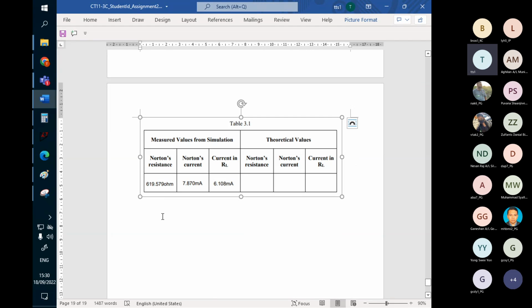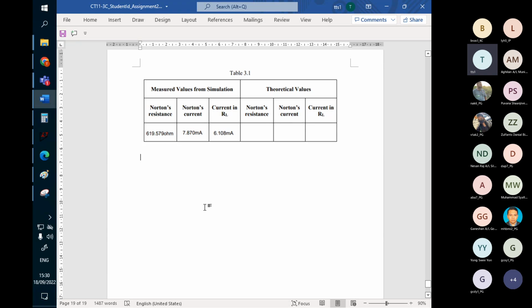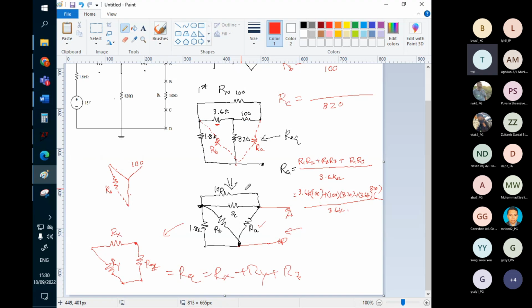We don't have enough time to run through all the simulation values, but it's another homework for you to do. It's treated as an assignment for you to practice coming up with this value using your own calculation. As long as it's close to 619 it will be fine; it doesn't need to match exactly.